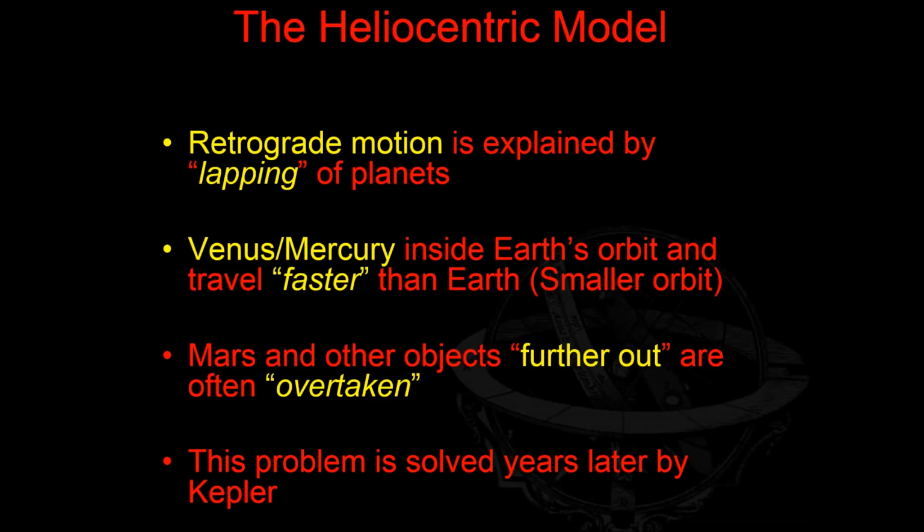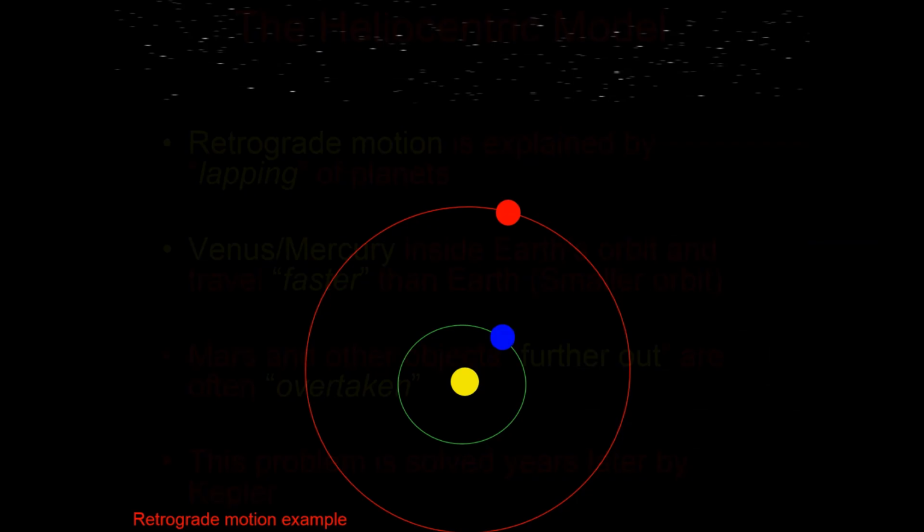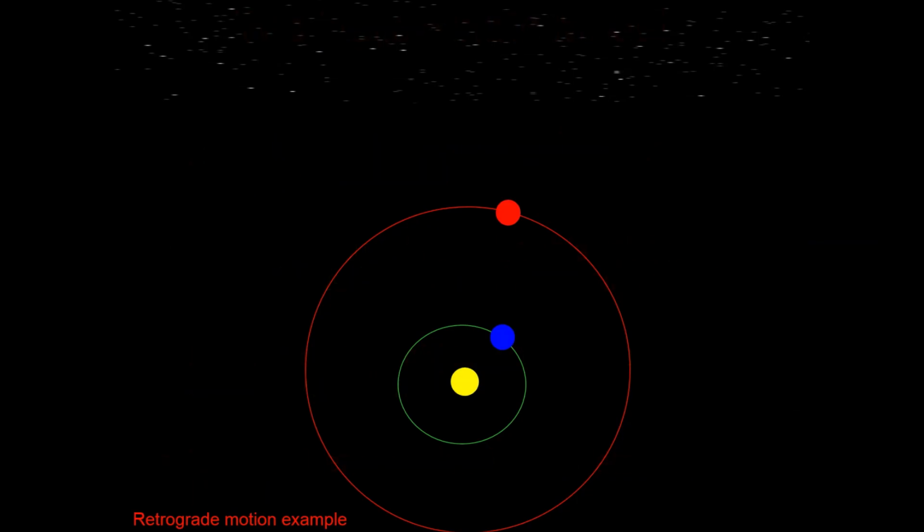They don't have as far to go. Mars and the other objects are further out, and the Earth overtakes them in its orbit as it moves around the Sun. This is the problem that Kepler will solve much later, and this shows the slow progress of astronomy over decades and centuries as people reason things out.